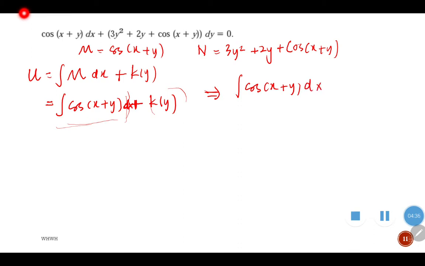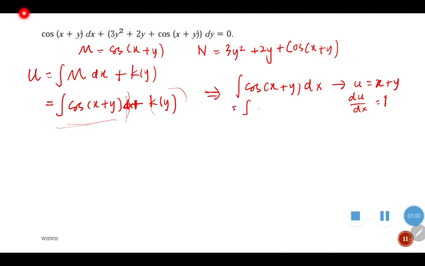Maybe some of you are confused about how to integrate cos(x + y). Worry not, kalau you confused, you boleh let u equals x plus y. Now we need to integrate with respect to x, so du over dx definitely equals 1. So tak ada issue pun.